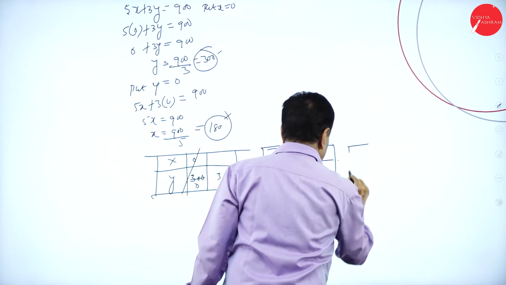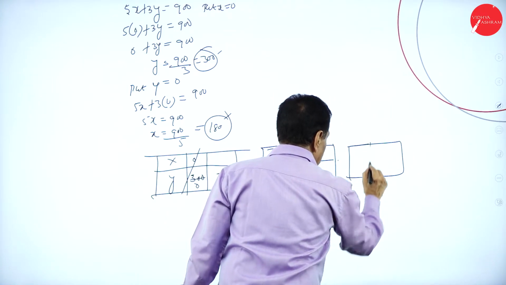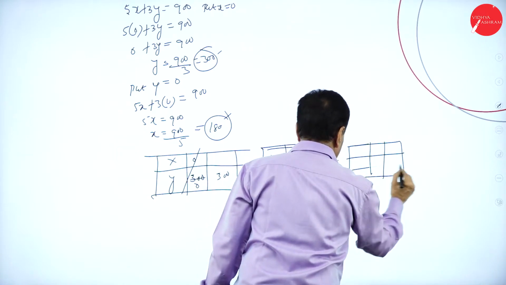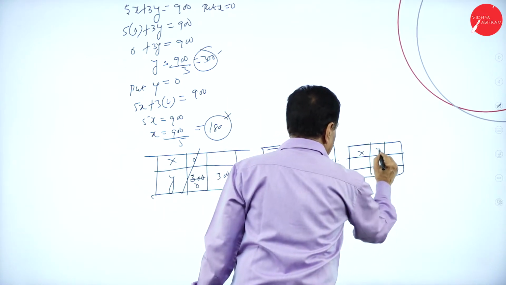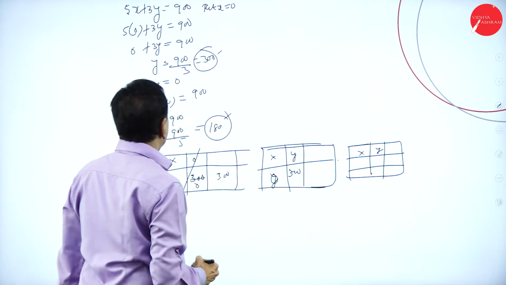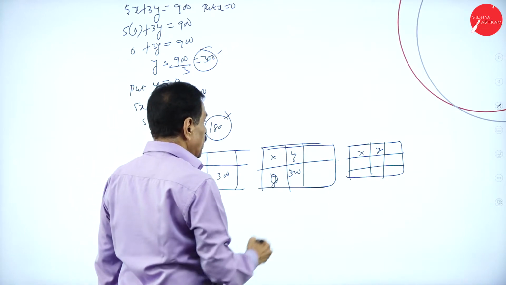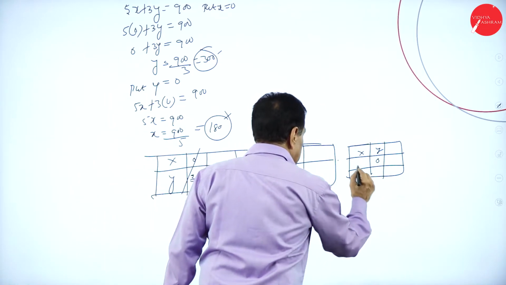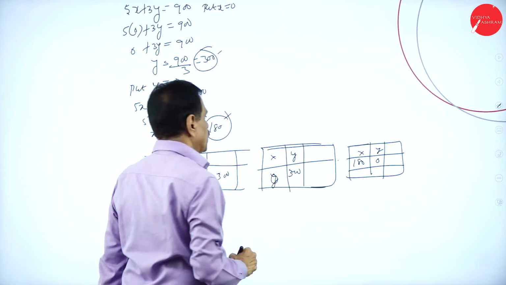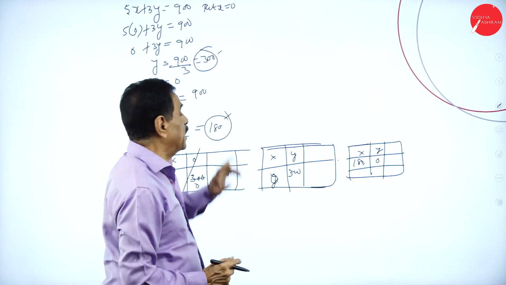Second one: when y is 0, x is 180. So y is 300, x is 180.